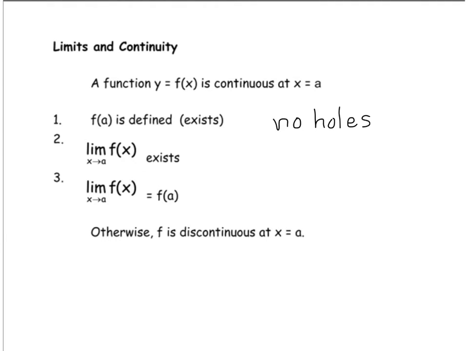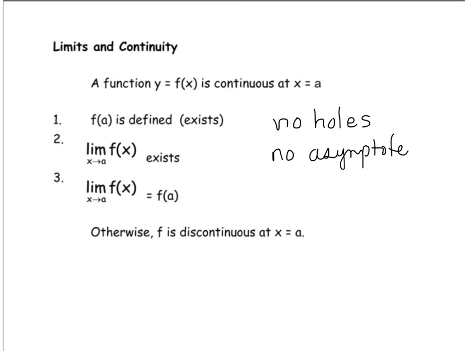Also, number two, the limit at that point, the limit as x approaches a, has to exist. So there's no hole, and the limit has to exist. That means that you can have no asymptote. That point has to exist.